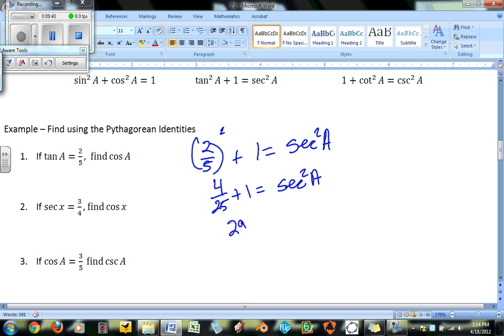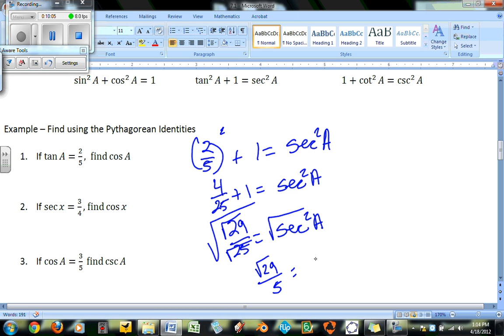I'd have 29 over 25 equals secant squared. I want to get secant by itself, because if I know secant, then I can get my cosine. I want to take the square root of both sides. So I have the square root of 29 all over 5. If you remember, anytime you take the square root of a fraction, it's the square root of the top divided by the square root of the bottom.